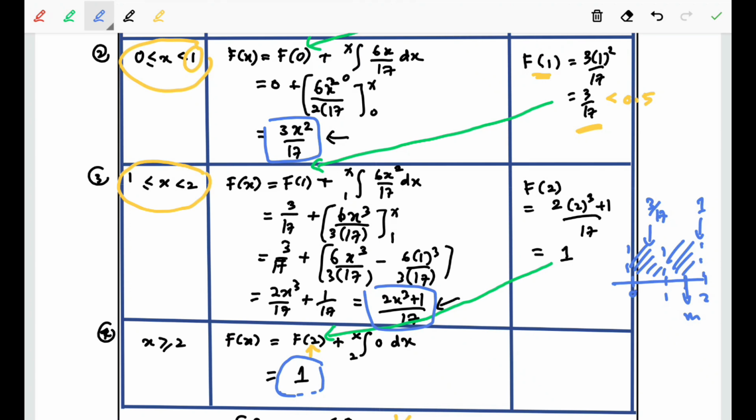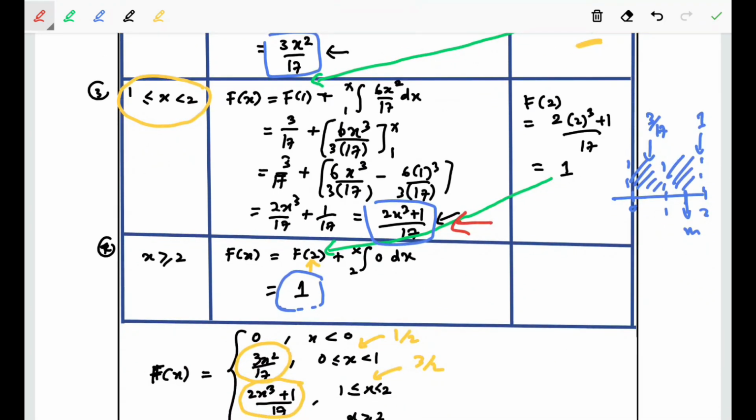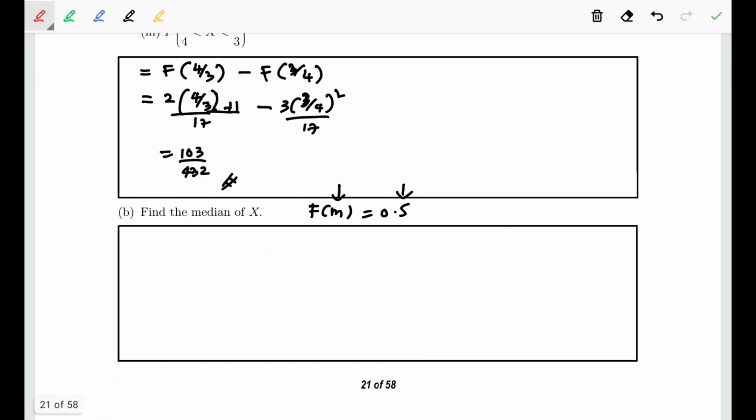After we have found the location of m, you can substitute m into that function. So back to this part.